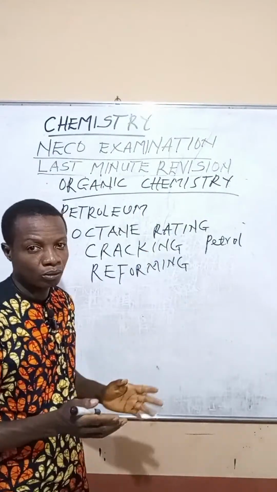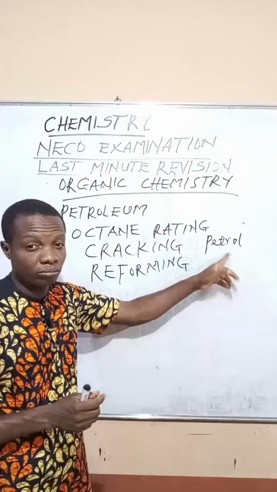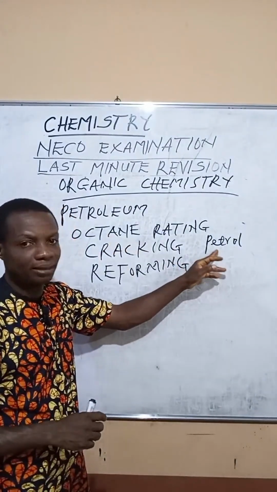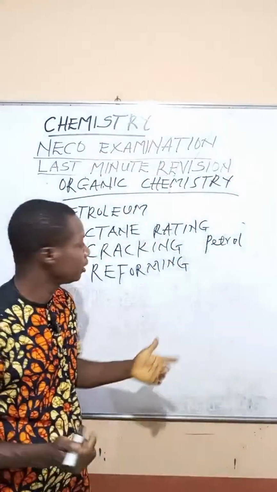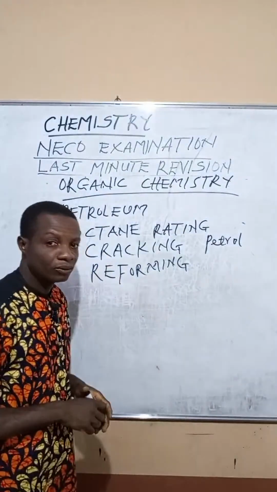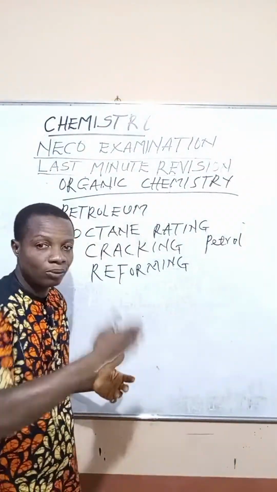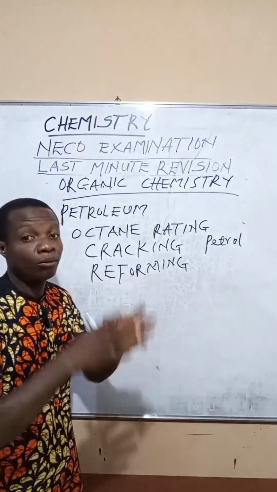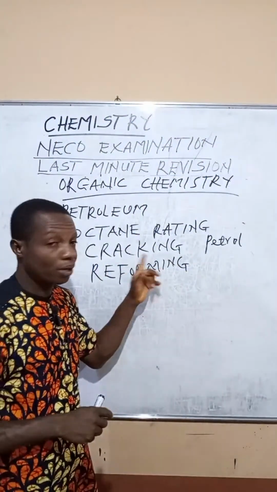There are other methods. Petrol can be produced from coal; from coal you can get petroleum and petrol also. Cracking is the process of breaking down heavier hydrocarbons into smaller hydrocarbon molecules. That's what you call cracking.